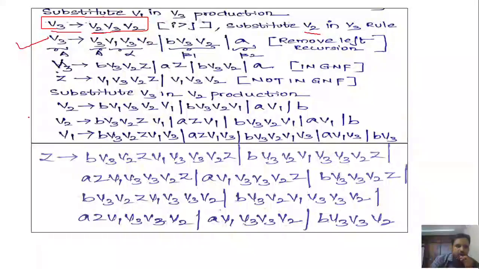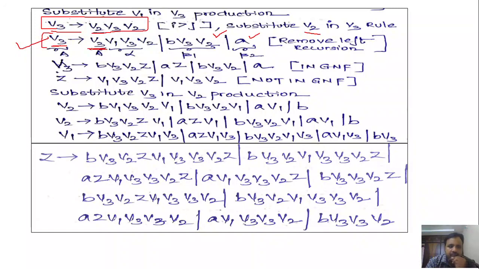V3 denotes V3, V1, V3, V2, or small b, V3, V2, or small a. So we have substituted this V1 value and after that the V2 value in the V3 production rule, and after this we got both the variables Vi and Vj equal. Since it is a left recursive rule, we have to eliminate it, right?